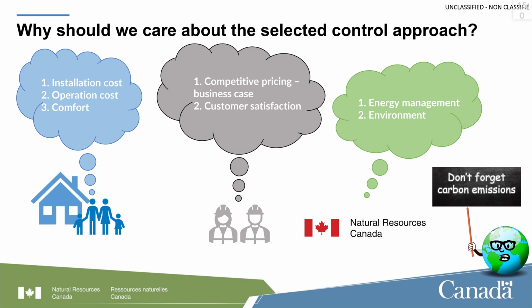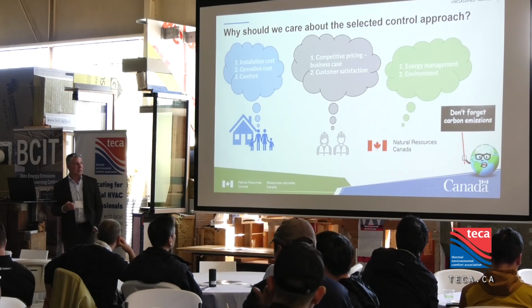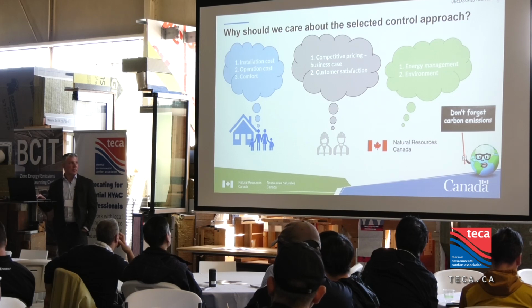As far as industry, competitive pricing and business case is always important, and we also want to reduce callbacks. Customer satisfaction and our business reputation really rely on that as well. When it comes to the bigger picture, NRCan is more concerned with energy management and the environment, and that would also include greenhouse gas emissions when it comes to any kind of dual fuel system.